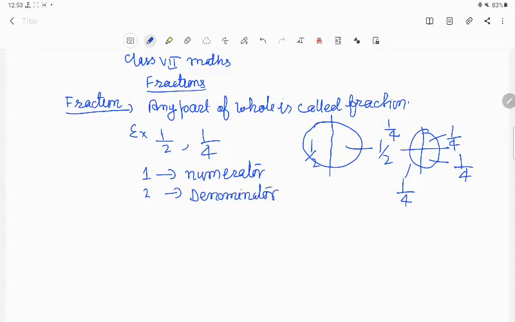So fraction has two parts, numerator and denominator. Numerator is written above the small horizontal line and denominator is written below.